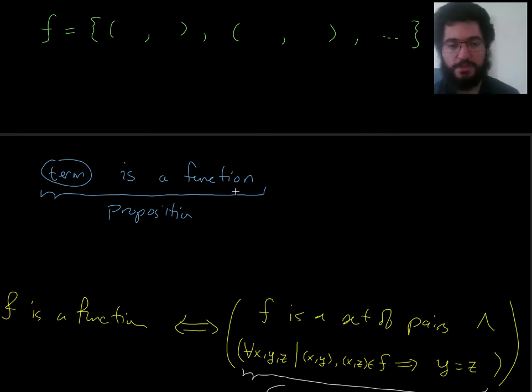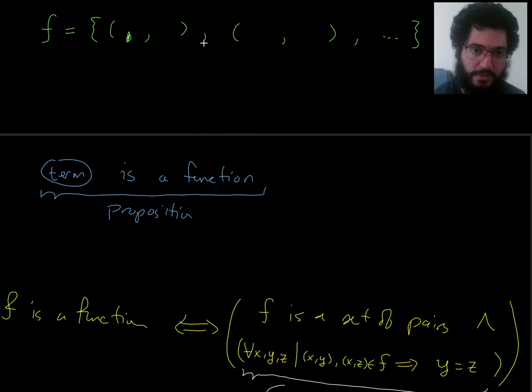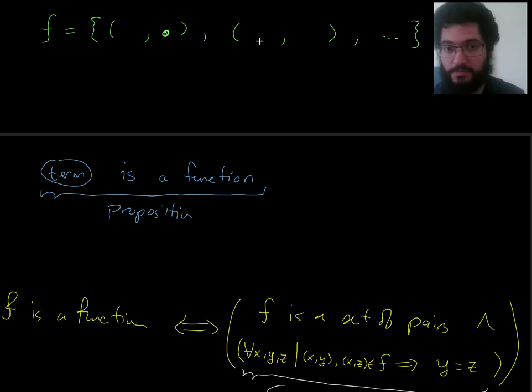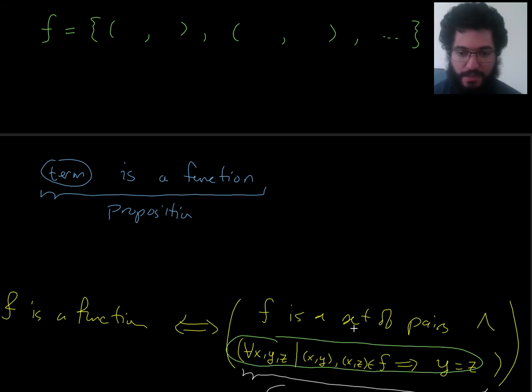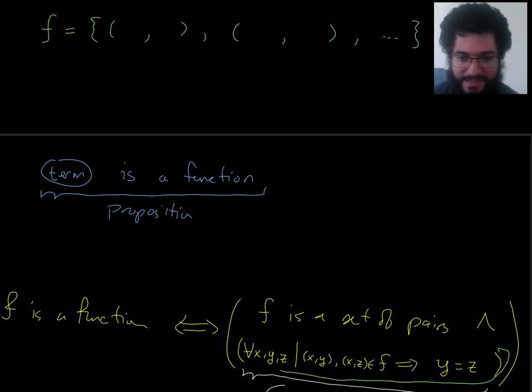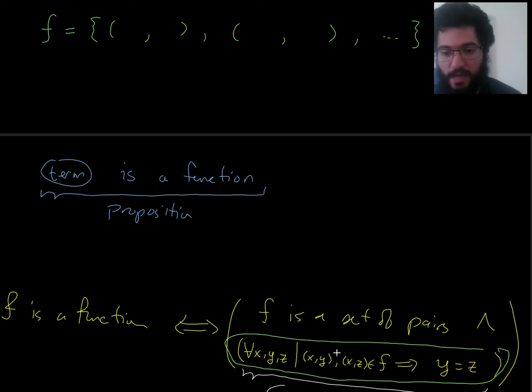So if I just use the word input to refer to the left-hand component of any pair that is in F, and the word output to refer to the right-hand component of any pair that is in F, then here's a way to read this. It says, anytime you have an input getting associated with 2 outputs, y and z, it must be that the outputs were the same after all.